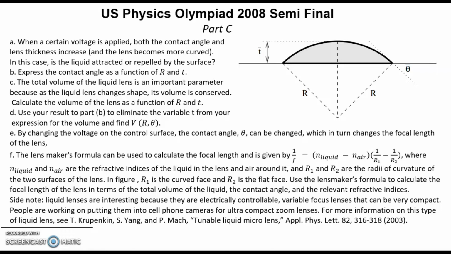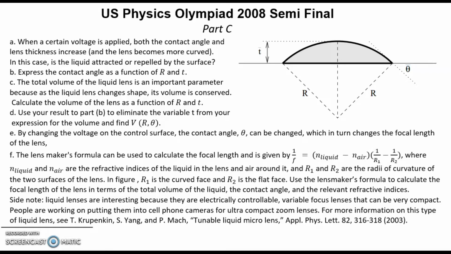F. The lens maker's formula can be used to calculate the focal length and is given by 1 over F equal N liquid minus N air multiplied by 1 over R1 minus 1 over R2, where N liquid and N air are the refractive indices of the liquid in the lens and the air around it, and R1 and R2 are the radii of curvature of the two surfaces of the lens. In the figure, R1 is the curved face and R2 is the flat face.